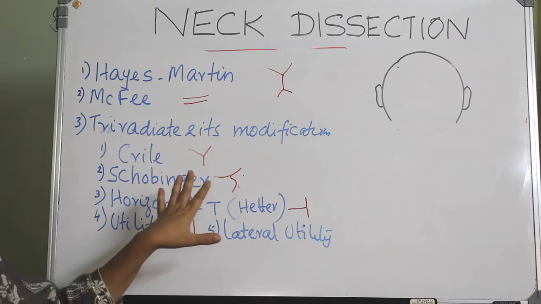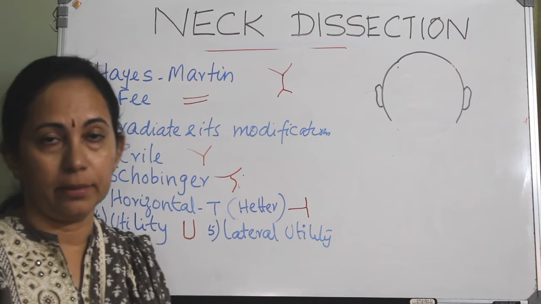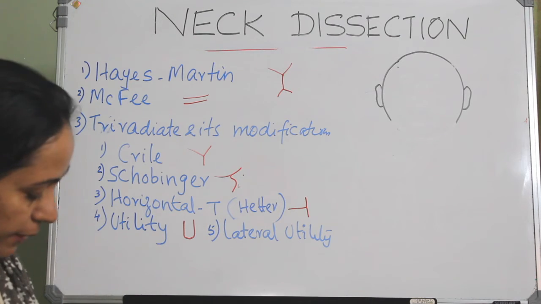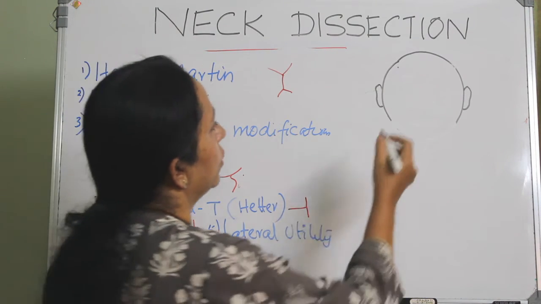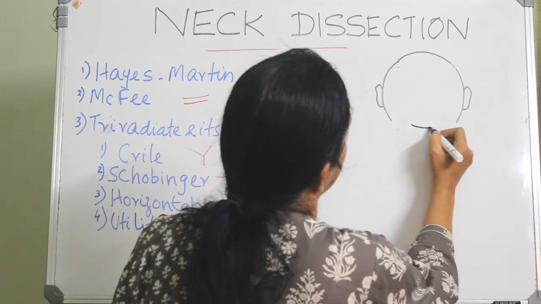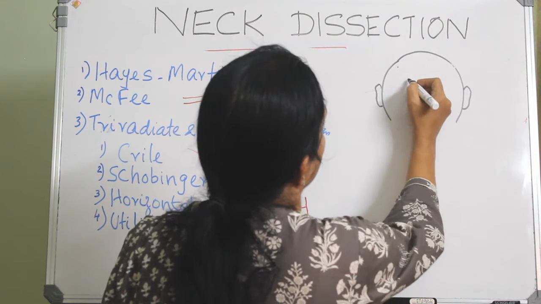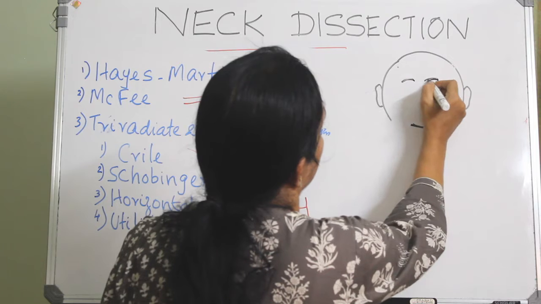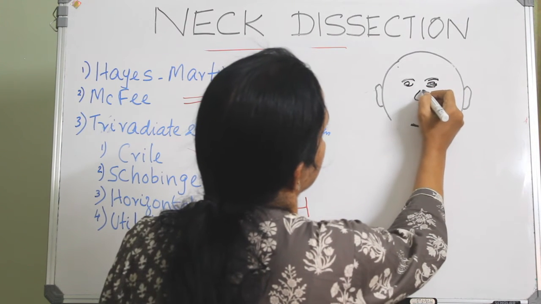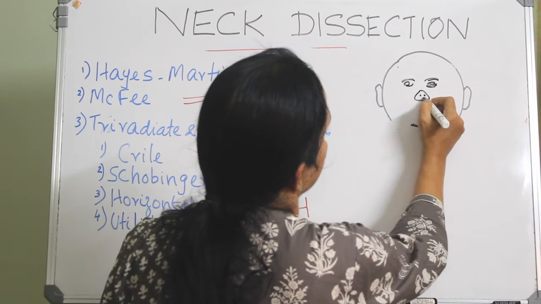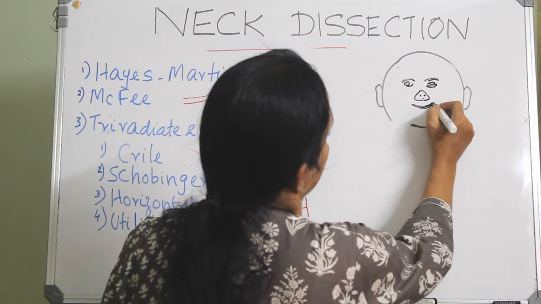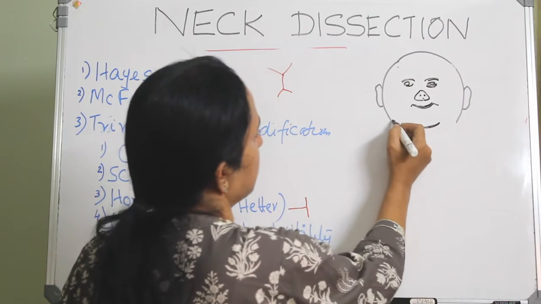All these incisions are not crossing the midline. If it is crossing the midline, again there are 4 types of incision which cross to the opposite side. So, this is the chin, this is the nose, the patient is lying, and this is the chin of the patient.